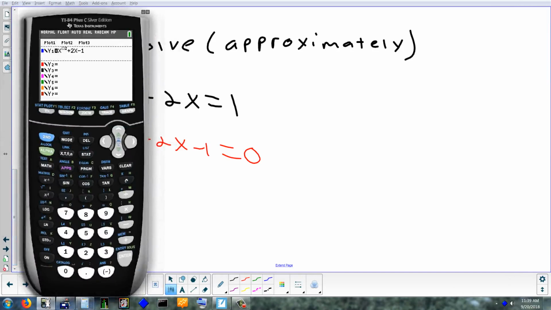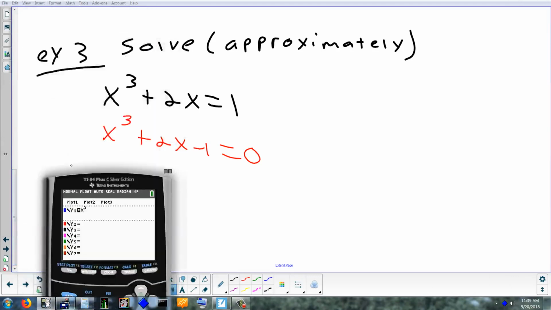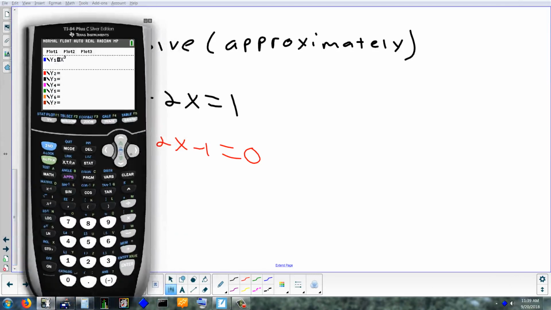So x cubed, no trouble, plus 2x minus 1. If you graph it correctly, it should look like that. And that doesn't cross 3 times. It only crosses once.